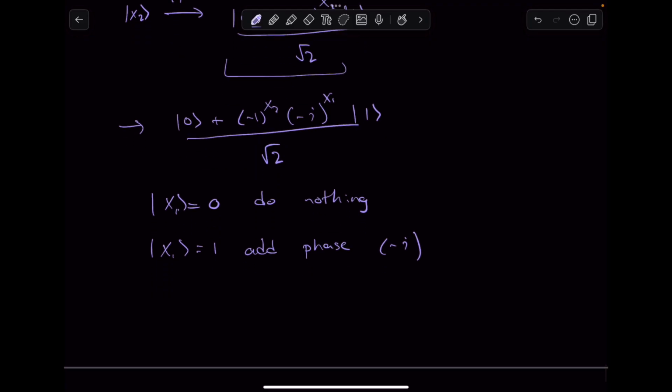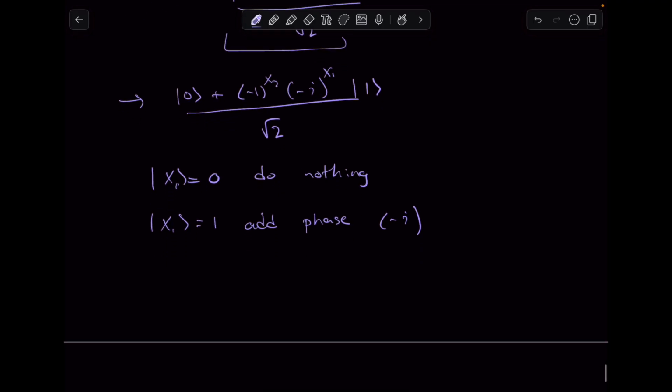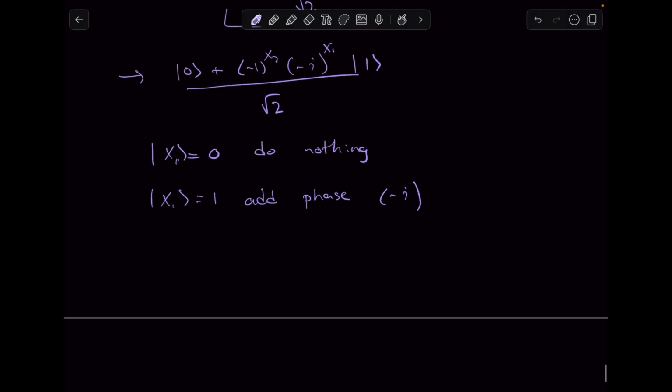So I'm just going to invent this gate for us, and try to argue that it's natural enough that there is an easy way to implement this.